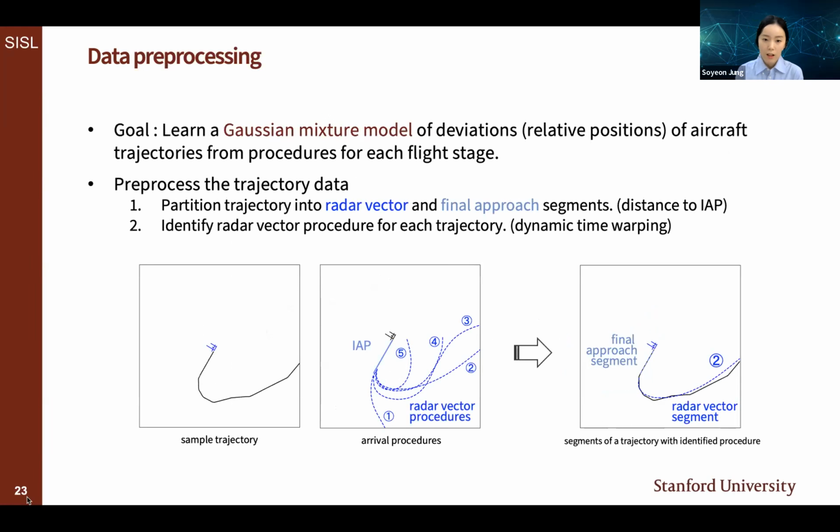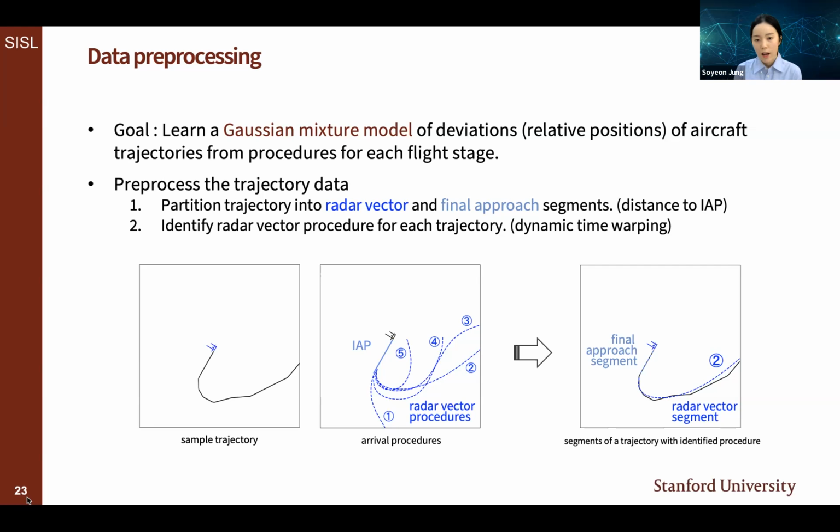Using the data, the goal is to learn a Gaussian mixture model of the deviations of aircraft trajectories from the procedures for each flight stage. As the input for the Gaussian mixture model for each flight stage, we need a pair of aircraft trajectory dataset and procedure dataset.